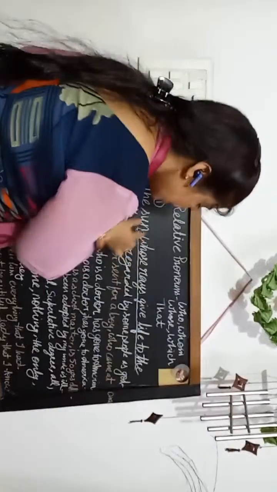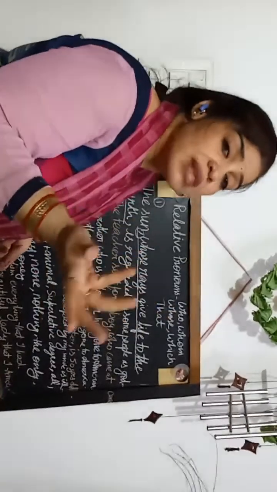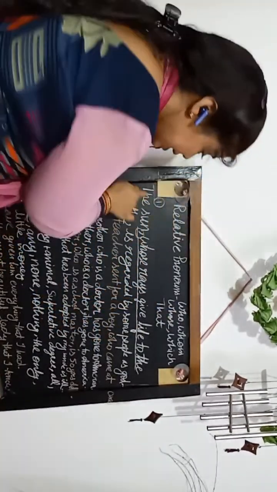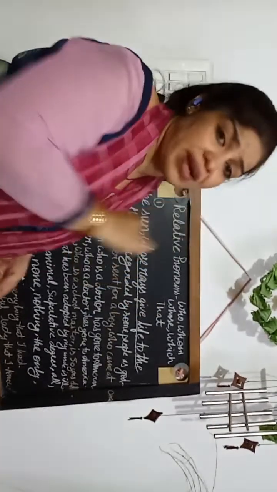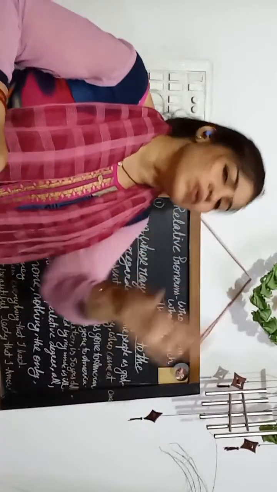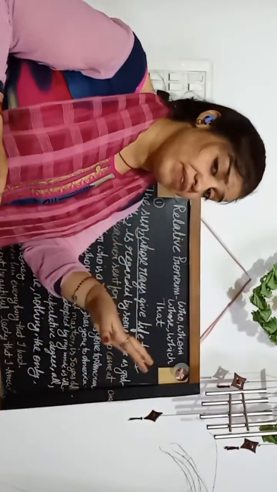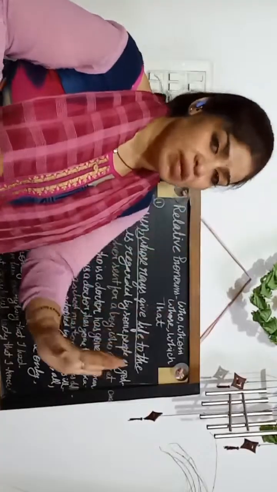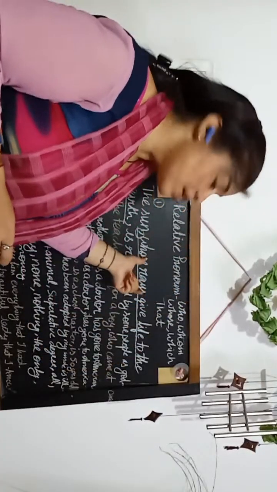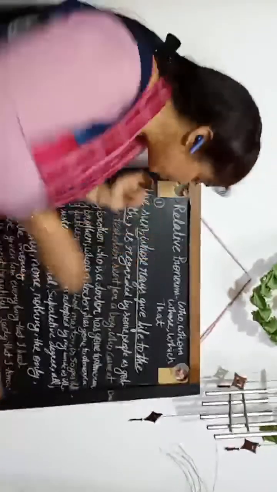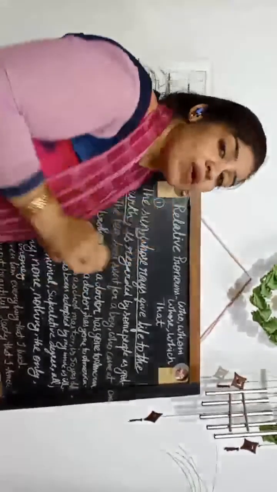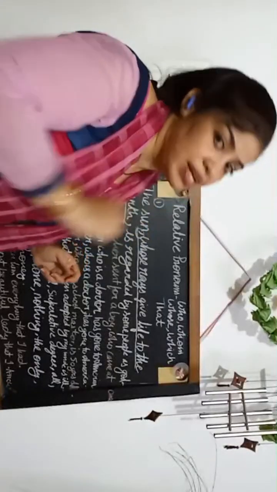It is not helping the listener understand which sun I'm talking about. Because this information is not required, it is called a non-defining clause.